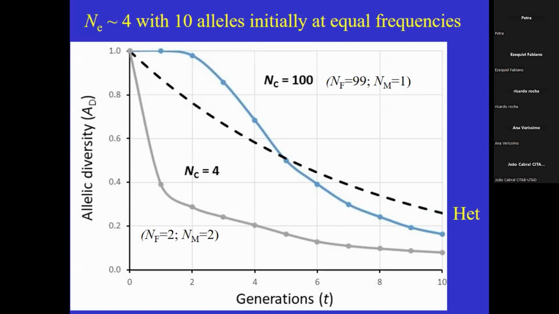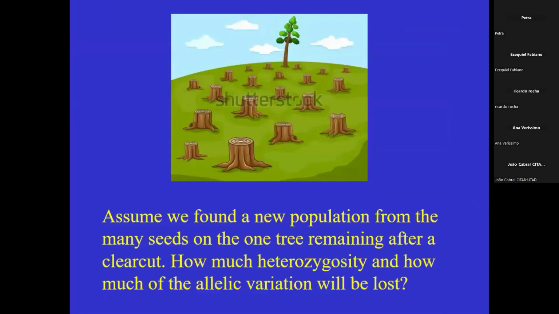This is, say, one female and 99 males. So we're probably not going to lose any alleles. So this is a case where we're going to lose more heterozygosity than alleles, again, because of the bottleneck effect and the fact that there are so many males contributing to this population.